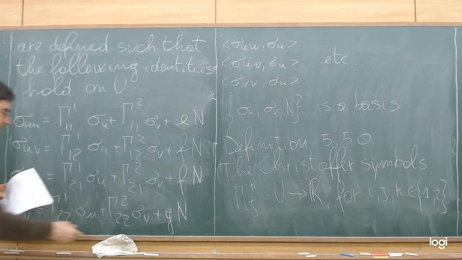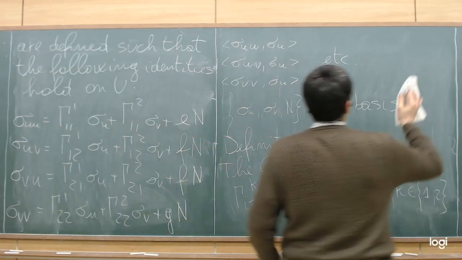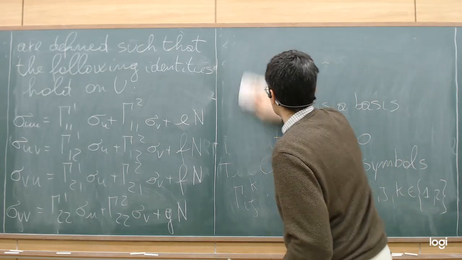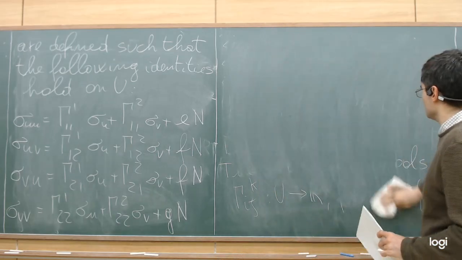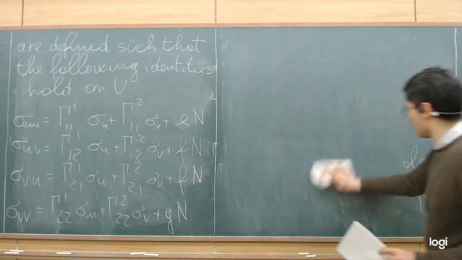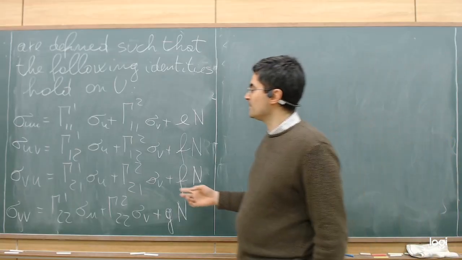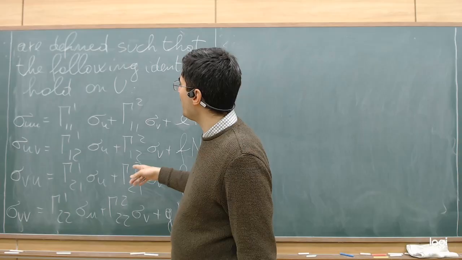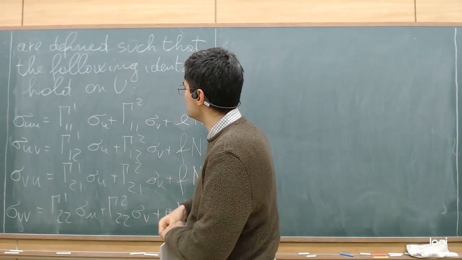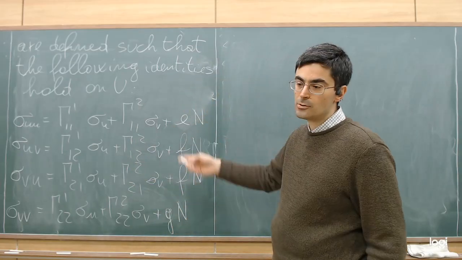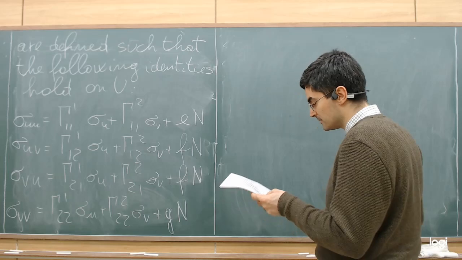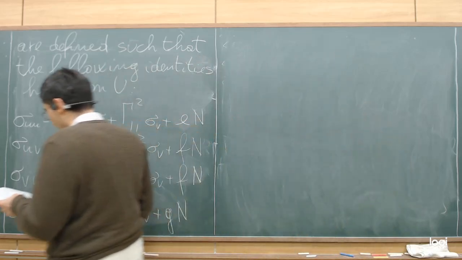I want to make two remarks. The first one is that apparently there are 8 Christoffel symbols, but they are only 6. Why?